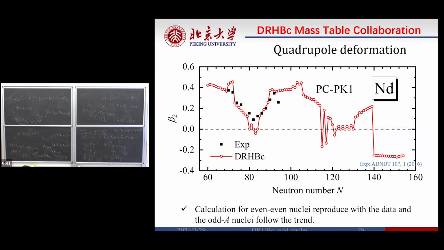And then these two minima could compete with each other in such a way that one nucleus may be prolate. But going to the next isotope, it might be the oblate one. Therefore, you could see this fluctuation here, which suggests the existence of shape coexistence.